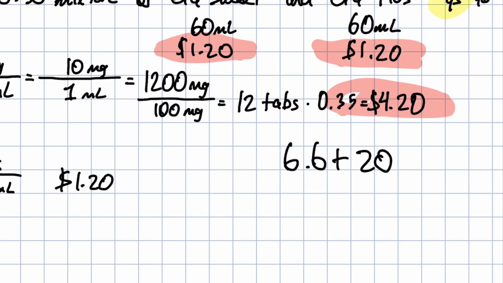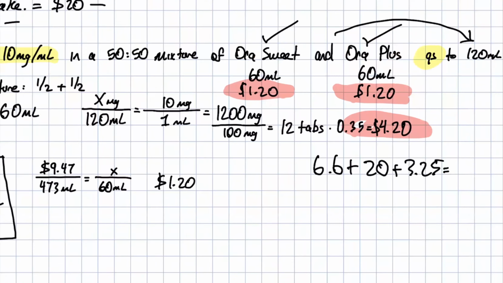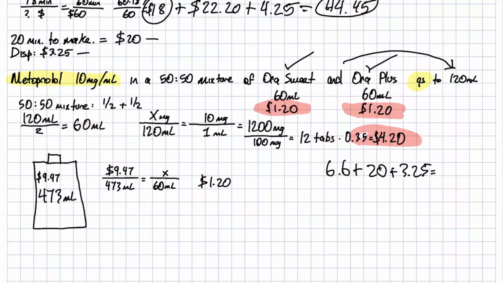And then you need to add your 20 and your 3.25, right? Because the 6.6 was the cost of your drug, the 20 was the time, and your 3.25 was your dispensing fee. So let's do that again. So 6.6 plus 20 plus 3.25.